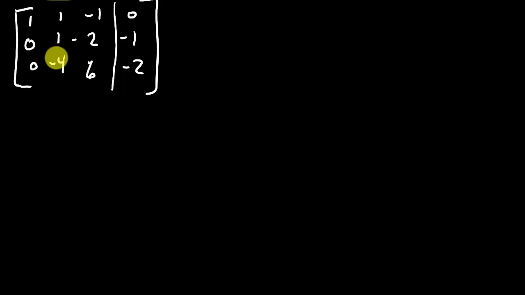So what I have to do now is get zeros here and here. Okay. All right, so let's see what we can do with this. Let's take care of this one. So I will do, let me write it up here by the first row, row 1 plus -1 times row 2, and that'll give me 1 plus -1 is 0.